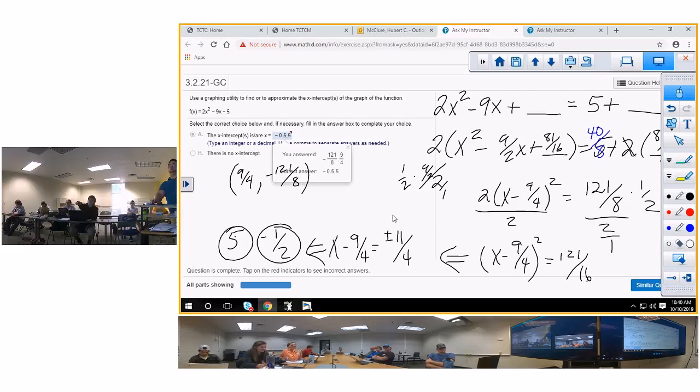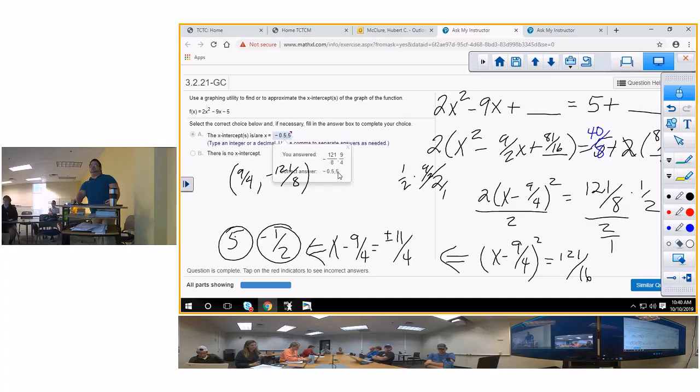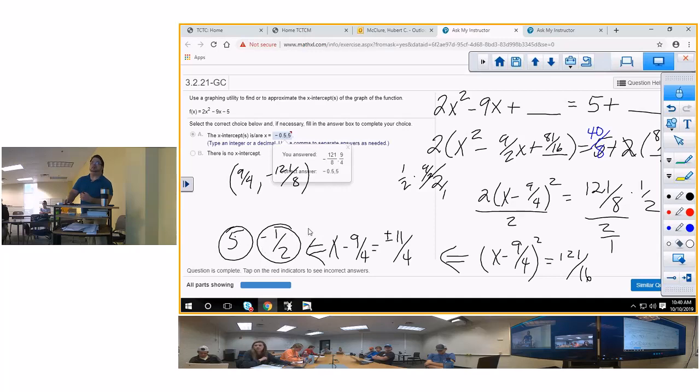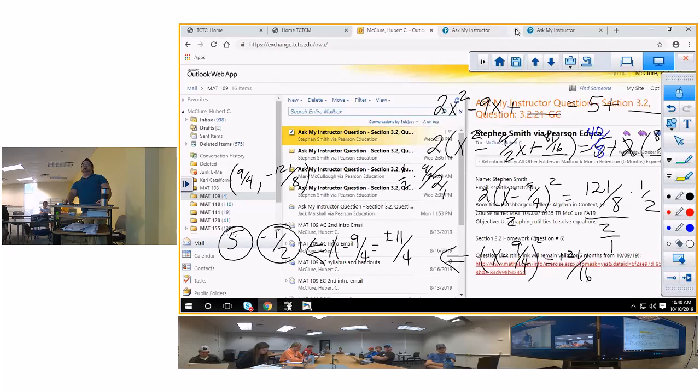It's the x-intercepts on the bottom that they want. 121 divided by 8 is 15.125. See, that's the vertex. Oh, I'm sorry, what did I type in? I typed in the vertex. I suck. But we got it right.